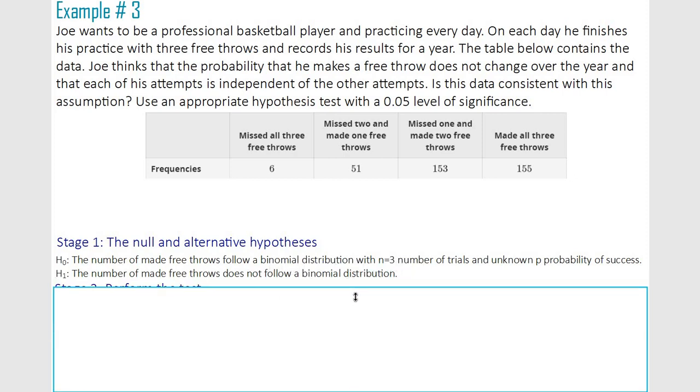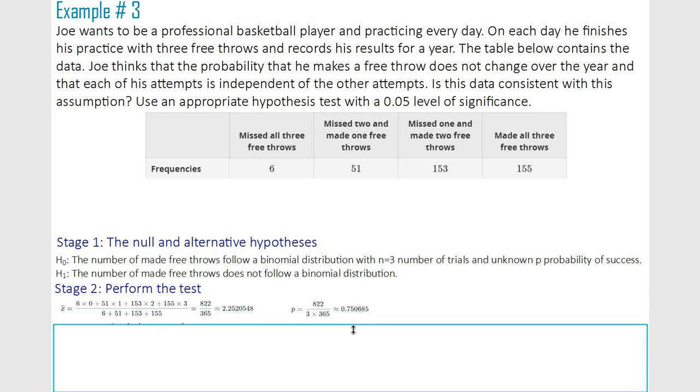Then we're going to perform our test. First we get our mean, and if we divide that by 3, that gets our probability, with 3 being the number of trials. So this would be the overall, and this would be for each individual trial.